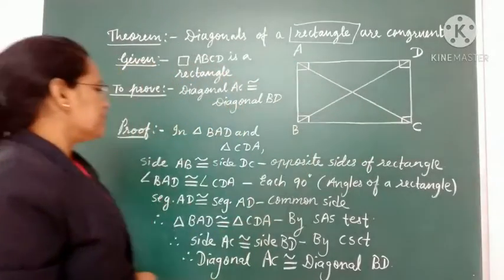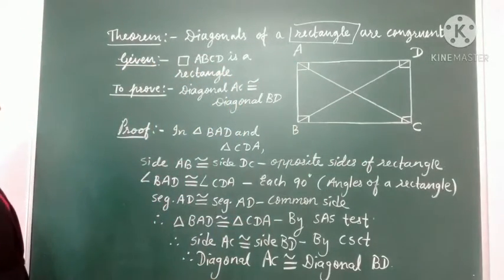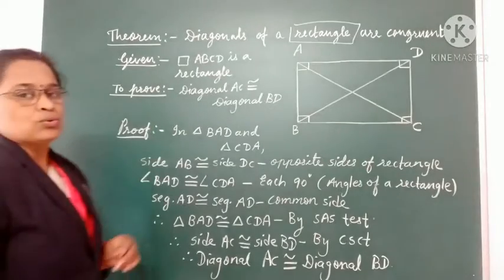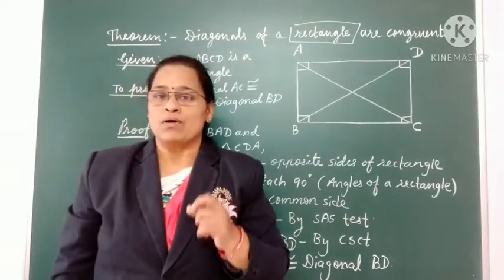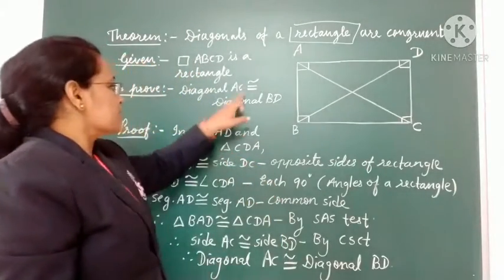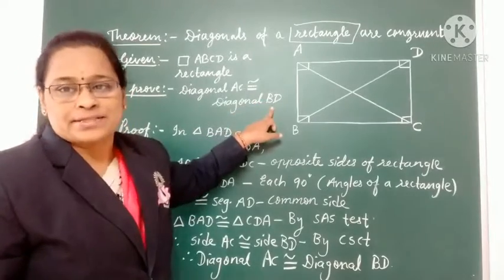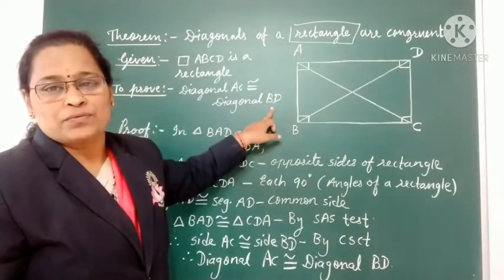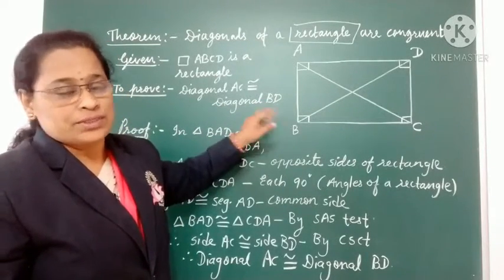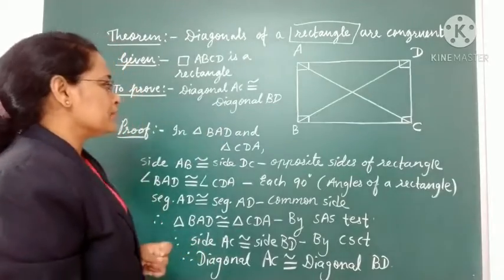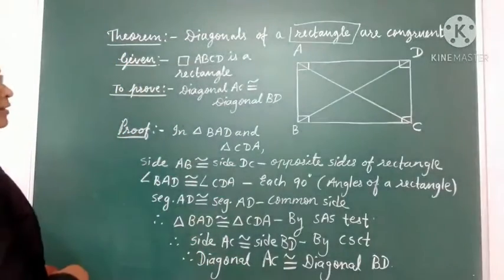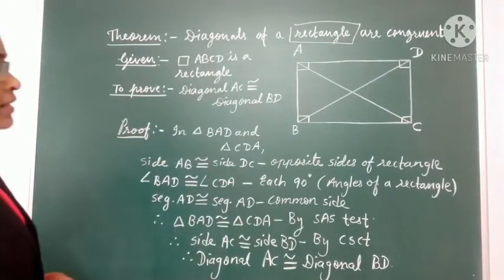to diagonal BD. Now for this purpose we have to consider two particular triangles, of which AC and BD are the sides. So which are the particular two triangles? You can find out in the figure. Here the triangles are triangle BAD.